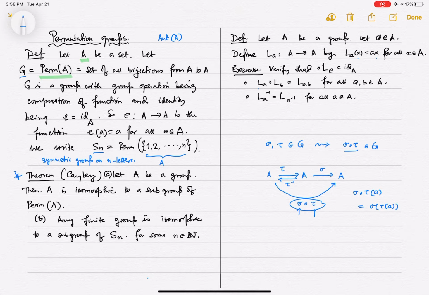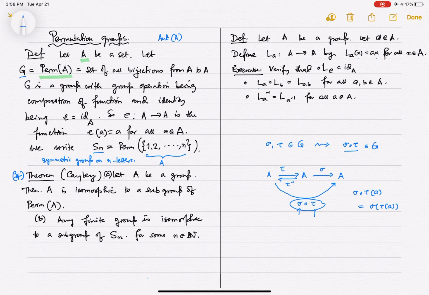And I want to go through this theorem of Cayley. It says that any group A is isomorphic to a subgroup of perm of A. So if A is a group, A is after all a set with some operation, but it's a set. So you can consider this new group perm of that set, the set of all bijections from that set to itself.